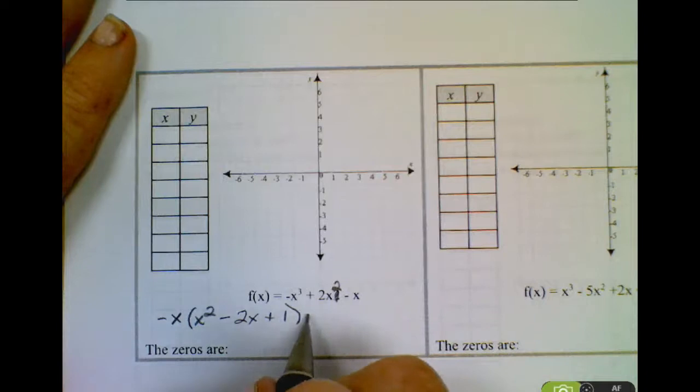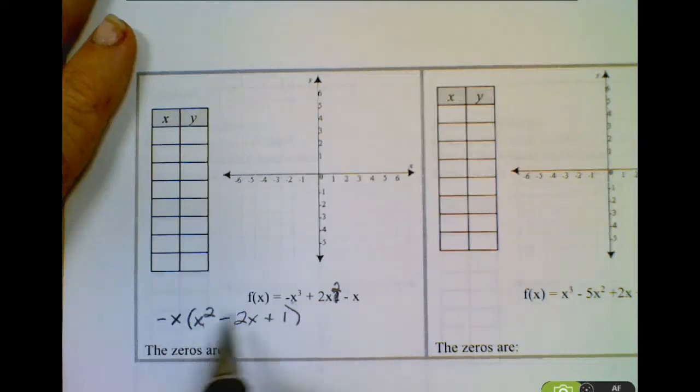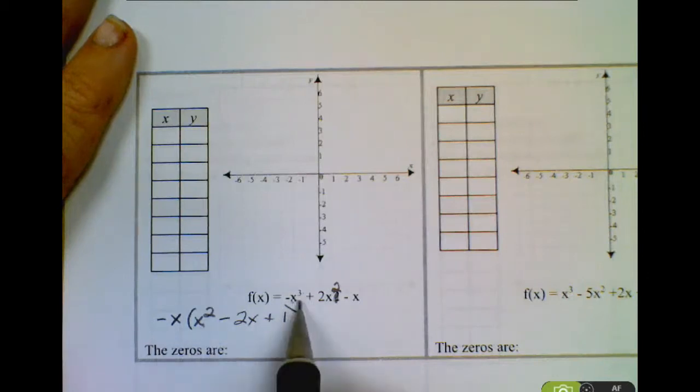So if I factor that further, I took the x out because I would like to have a positive x squared left in my factor down here. So x cubed divided by x is x squared. Negative x cubed divided by negative x would be x squared. Positive 2x squared divided by negative x would be -2x, and negative x divided by negative x would be 1.